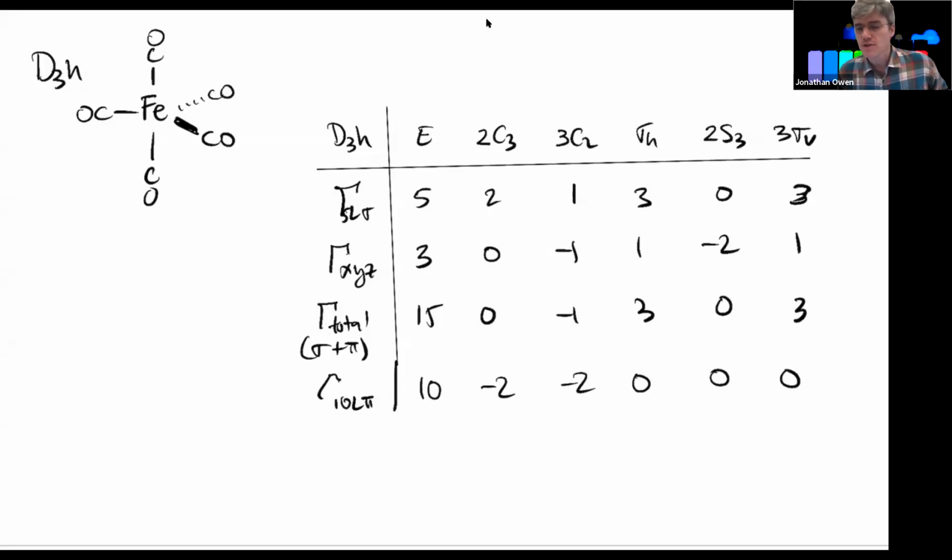Yeah, you could do a reducible representation for a sigma orbital on both manganese centers and then multiply by gamma 5d, the reducible representation for all the d orbitals. That would give you the sum of those. Then you'd have to break that out into sigma, delta, and pi components, if that's clear.